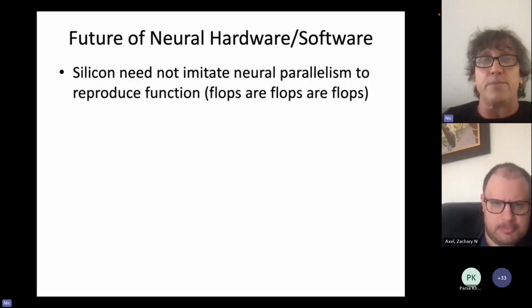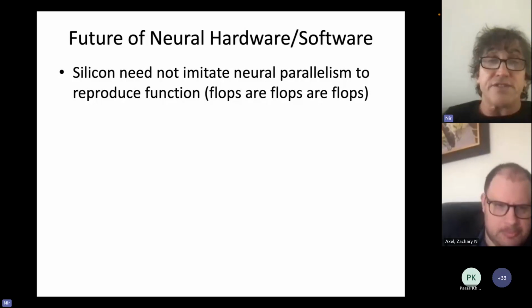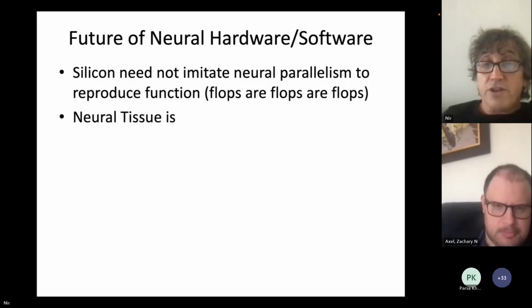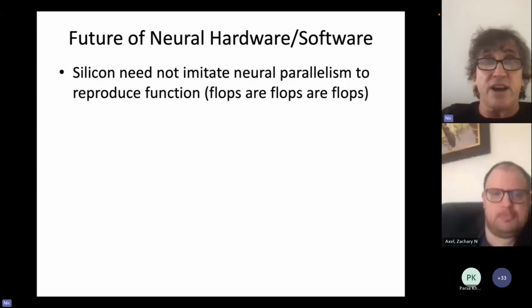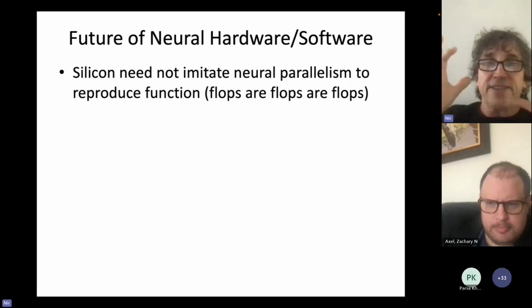But in a modern processor, you can do 1 billion operations sequentially. A typical desktop will do more than 10 billion instructions per second, so we don't need the parallelism.